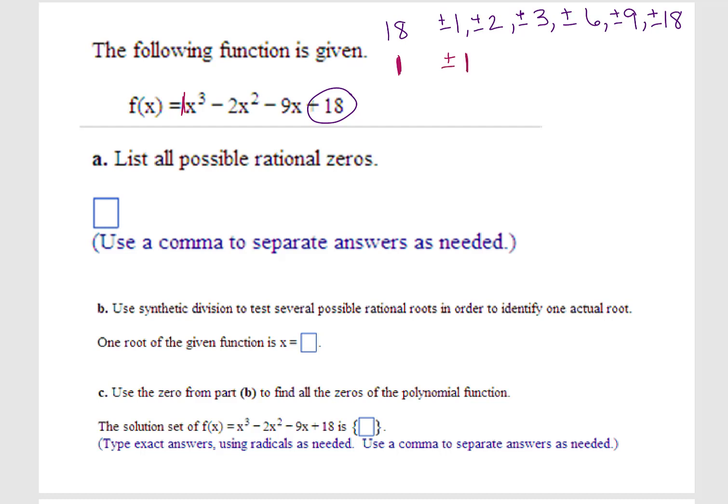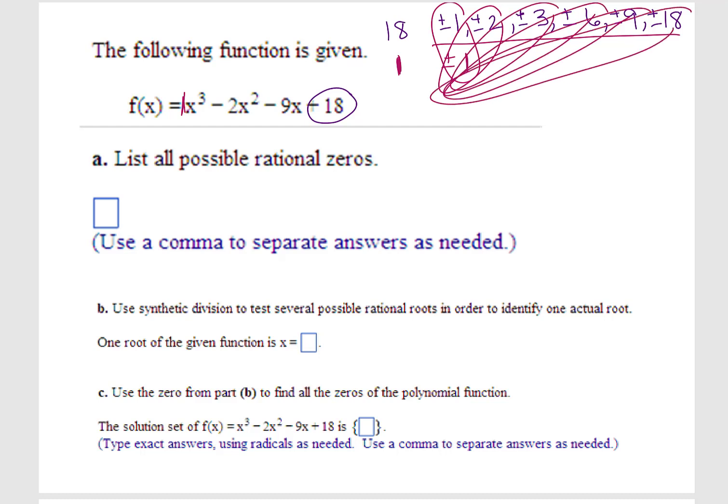Yay, that makes life a lot easier, because if I was to try all combinations with each of these over plus or minus 1, I would come out with that list in the numerator. So all my possible rational zeros are plus or minus 1, plus or minus 2, plus or minus 3, plus or minus 6, plus or minus 9, and plus or minus 18.